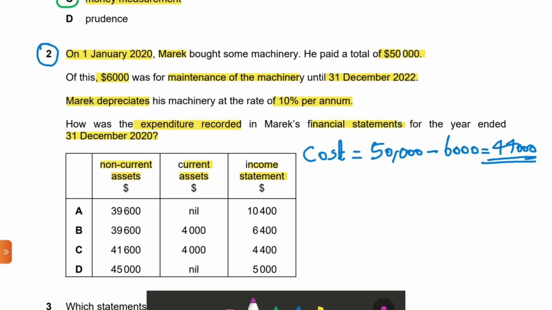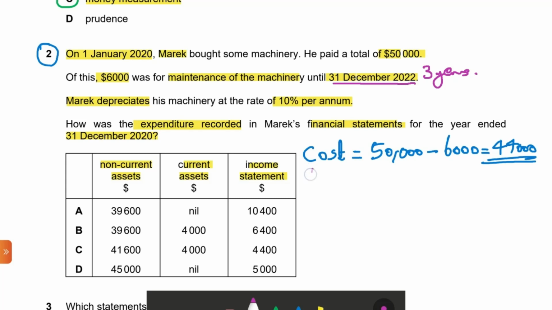The maintenance of machinery is an expense we enter in the financial statement. But they paid 6,000 for 3 years, till December 2022. So we take only the current year expenditure in the income statement. The remaining amount we transfer to the current asset.